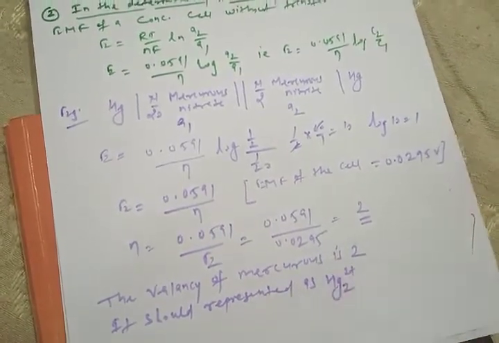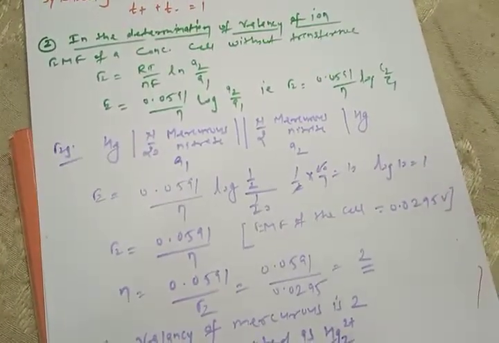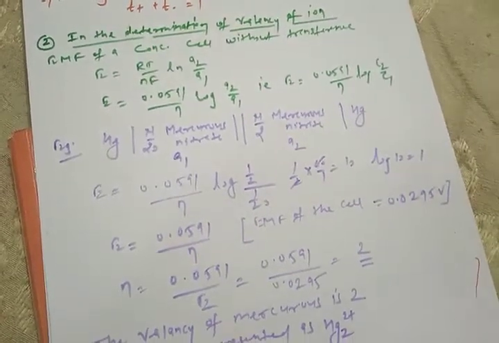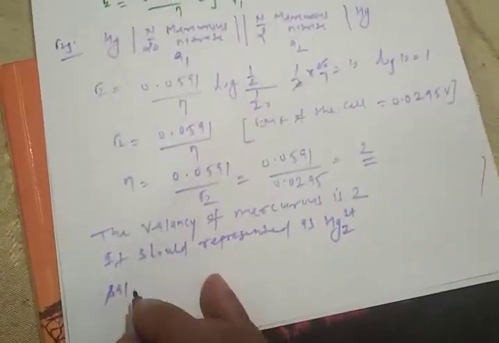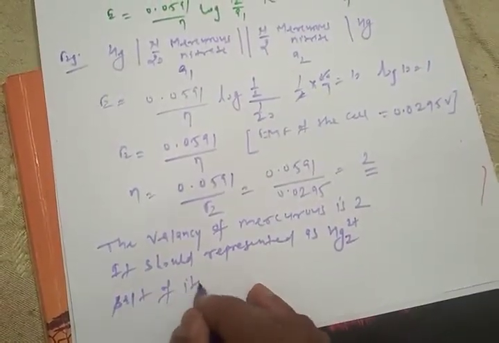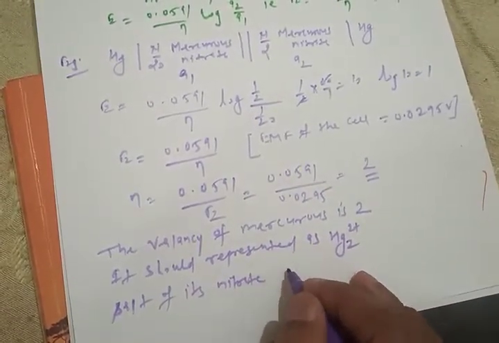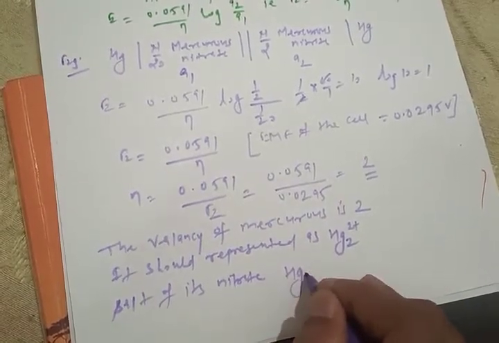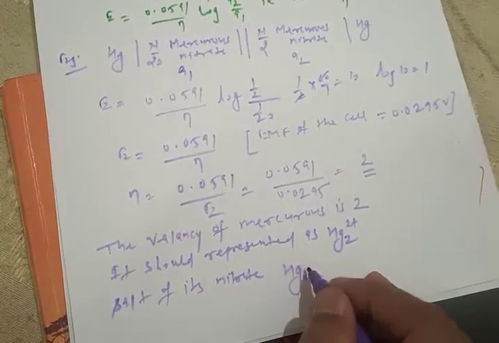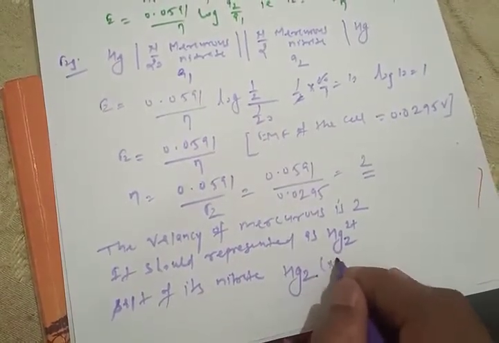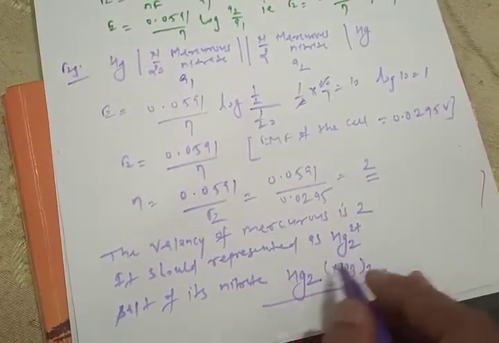This is very important. Okay, this is the representation, Hg2 2+, and the salt of its nitrate is what? Hg2, and this Hg2 has 2+. Okay, so NO3 twice. Very important, this is very important.